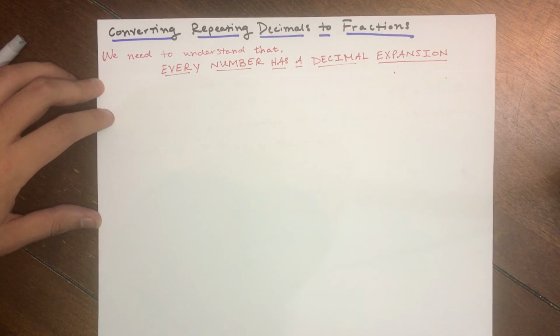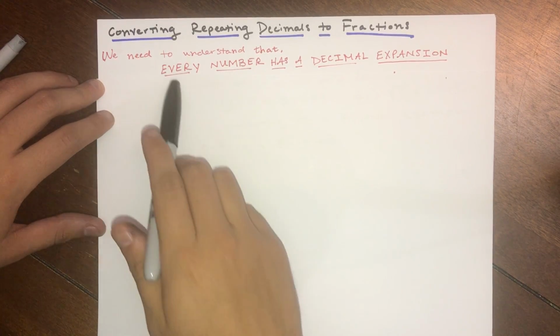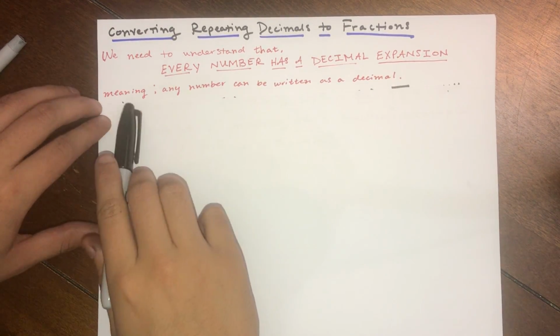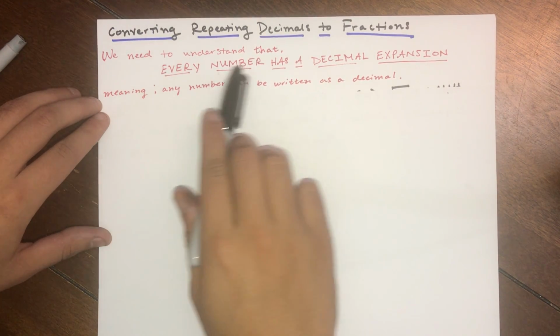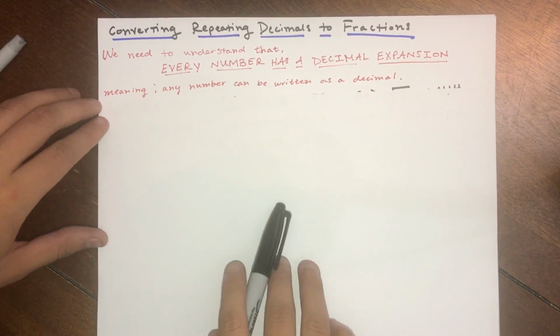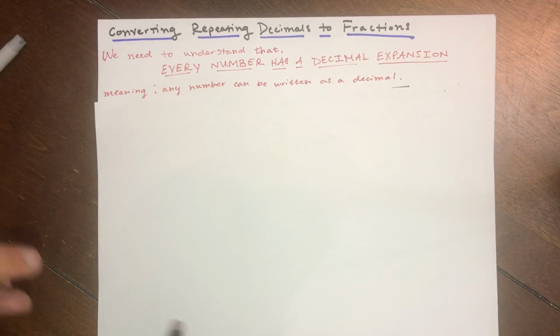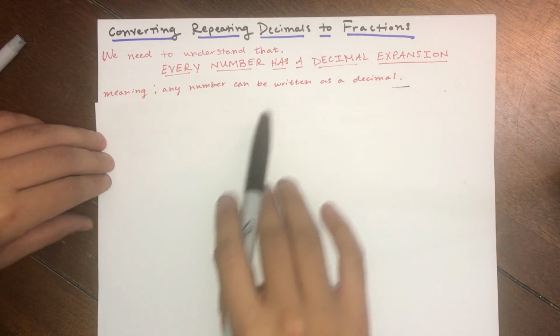It's pretty obvious. What does that mean? Well, it means that any number can be written as a decimal. That's all it means.